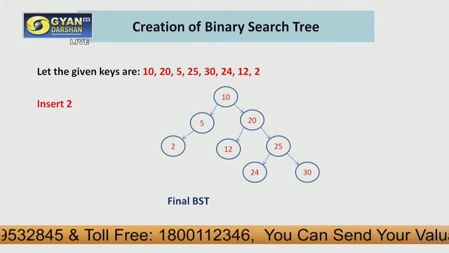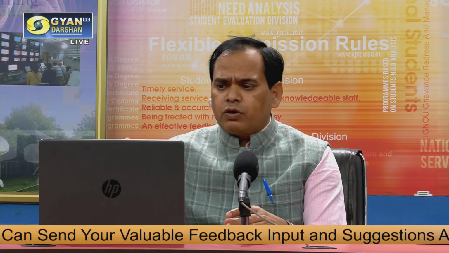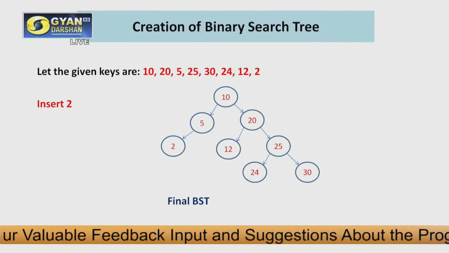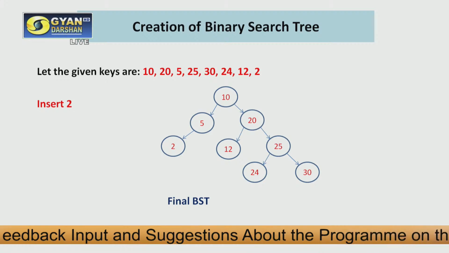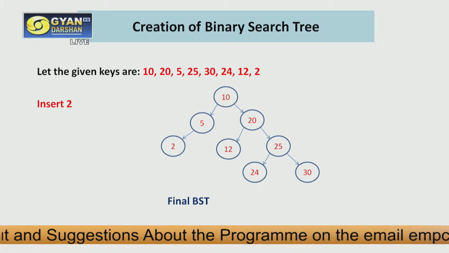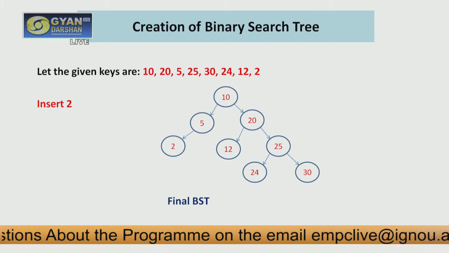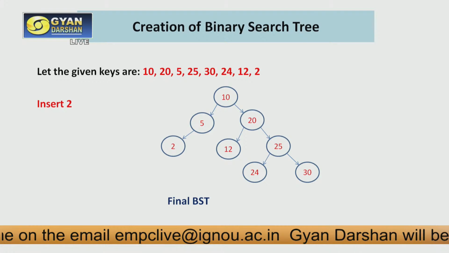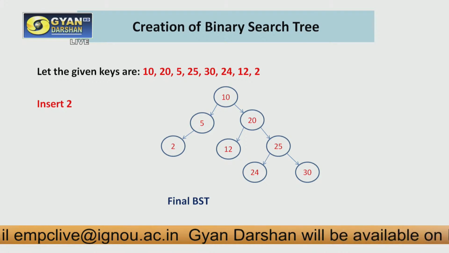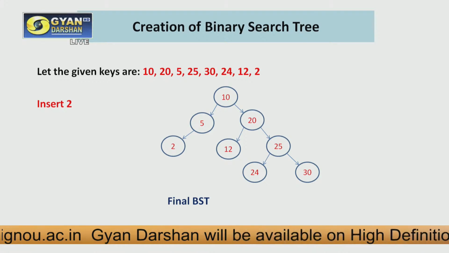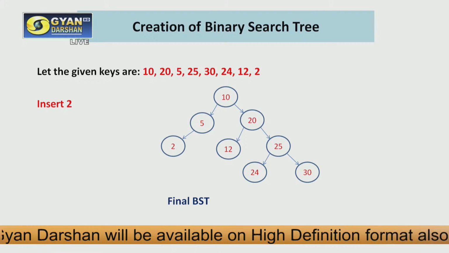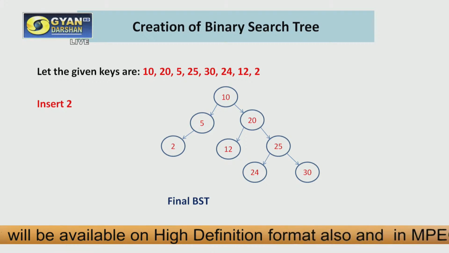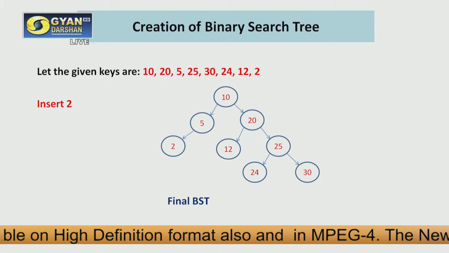For example, if we take the root node 10, to its left subtree we have all smaller keys, that is 2 and 5, and to its right subtree we have all bigger keys: 20, 12, 25, 24 and 30. And this is true for every node.